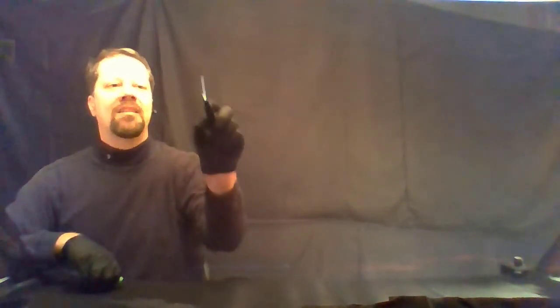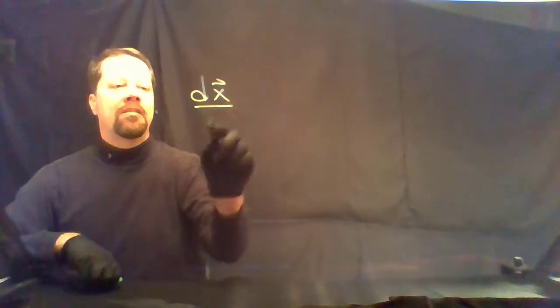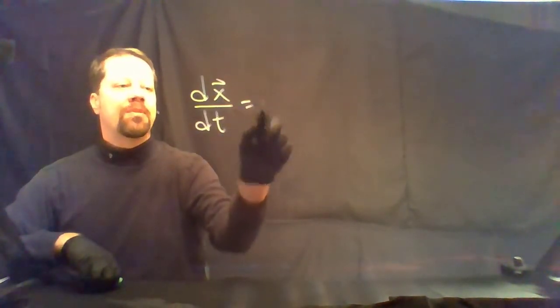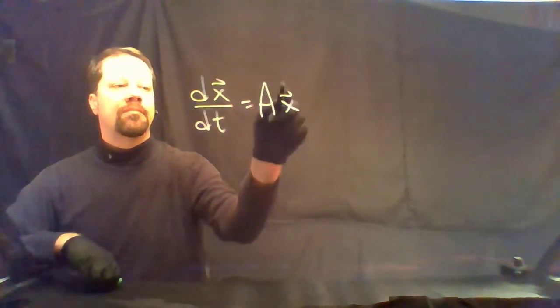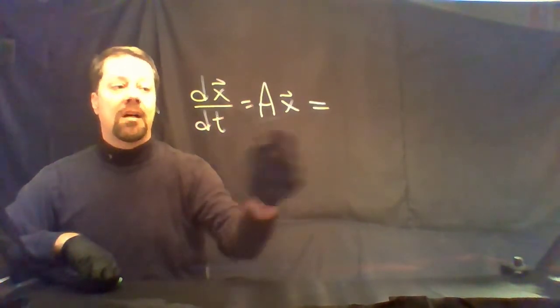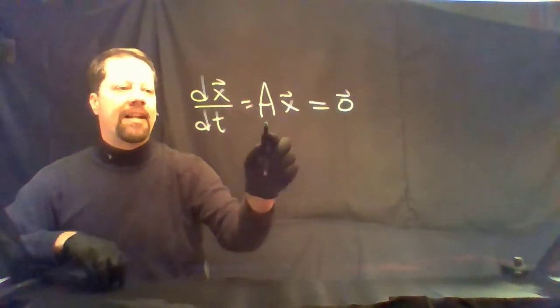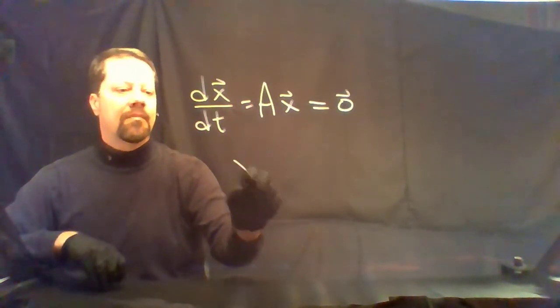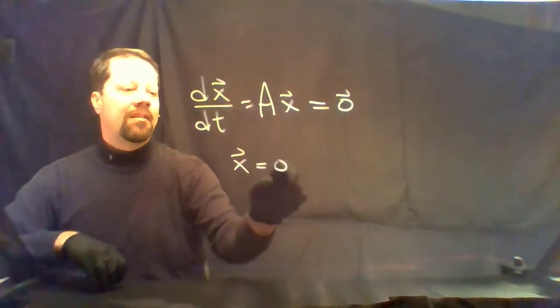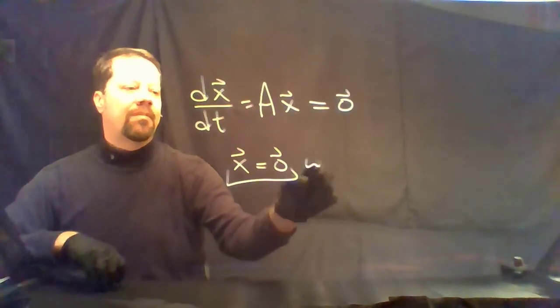Bringing this back to our first-order linear systems, these are autonomous, and the equilibria, provided A is invertible, are only x equals 0.